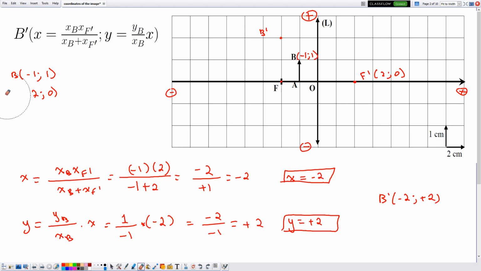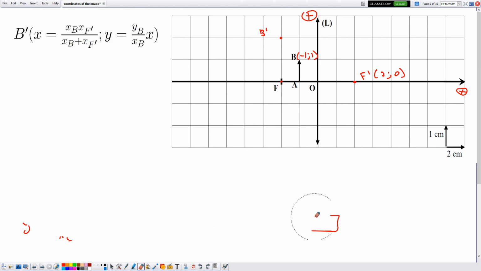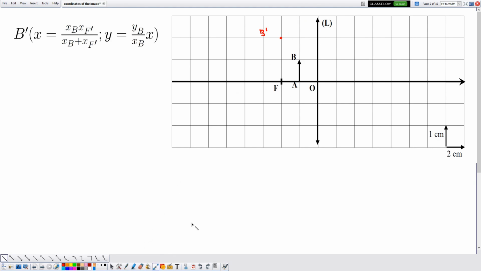So now let's erase everything. So we know that B prime will be here. Then if you consider an incident ray issued from B parallel to the optical axis, this is F prime. We know that this ray will emerge passing through the image focus.